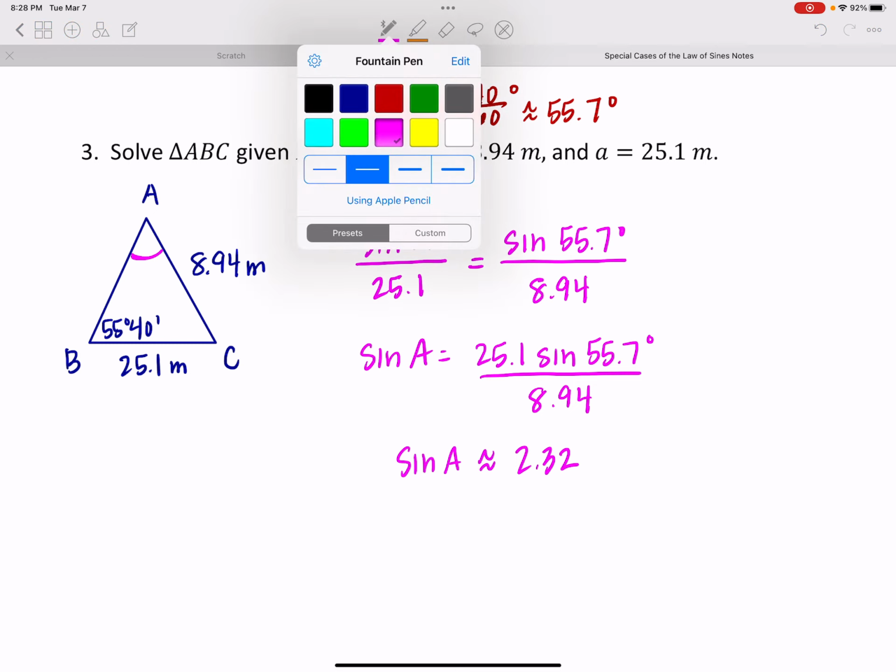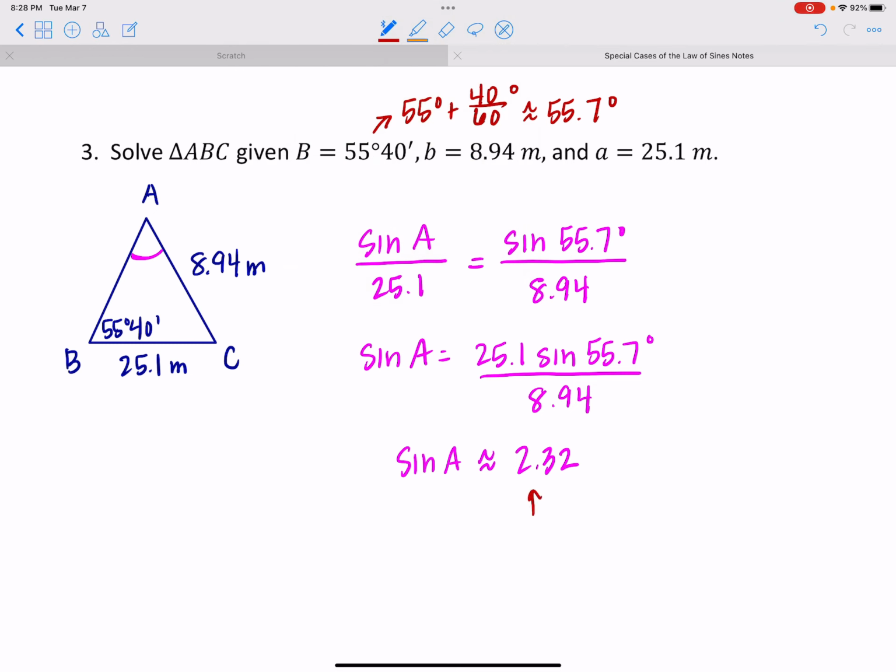Since that is not in the range of sine, if I went to try to solve with my inverse sine, I would have something that's not in the domain, which would make the whole expression undefined. Since it is not possible to take the sine of an angle and get 2.32, it is not possible for the measurements given to create a triangle.